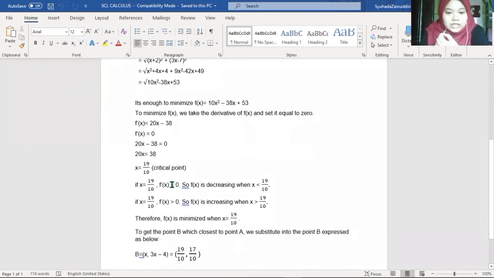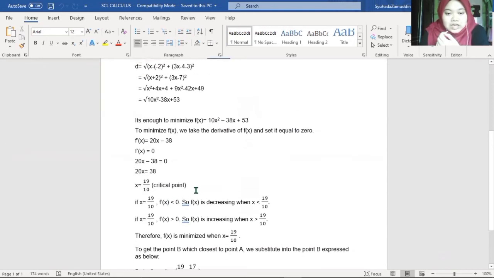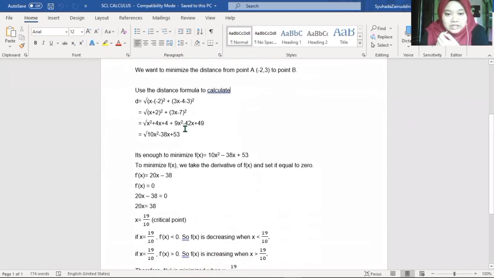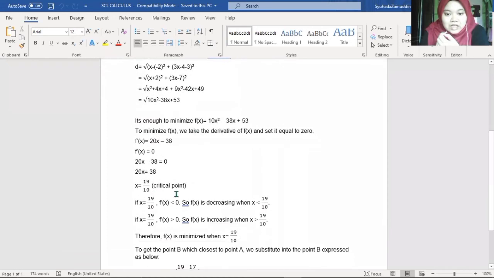To know whether the derivative of f(x) is greater than 0 or less than 0, we substitute values in the function, and we know that function f is decreasing when x is less than 19 over 10.